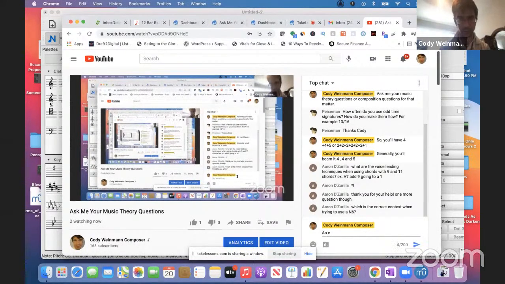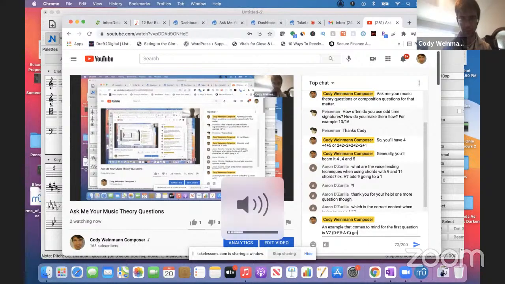An example that comes to mind for the first question, oops, spelling stuff wrong already, is 5-7, like say if we have a D, F sharp, A, C going to G, going to G1.